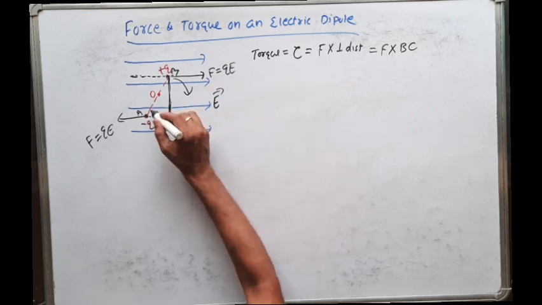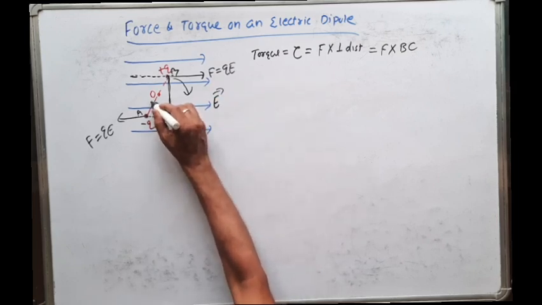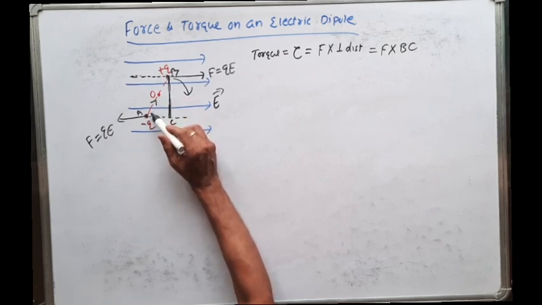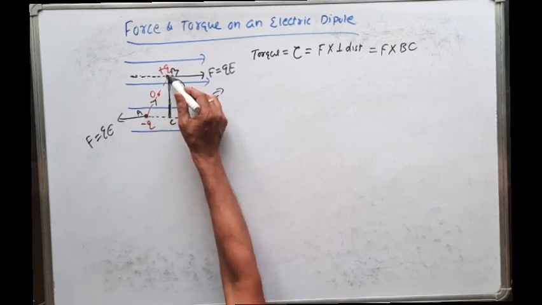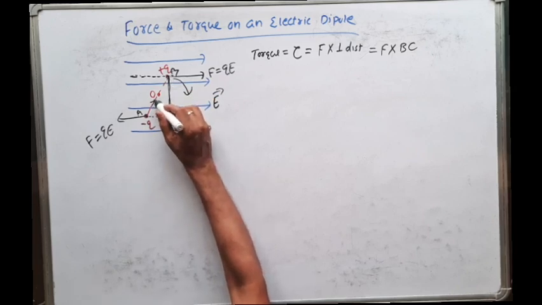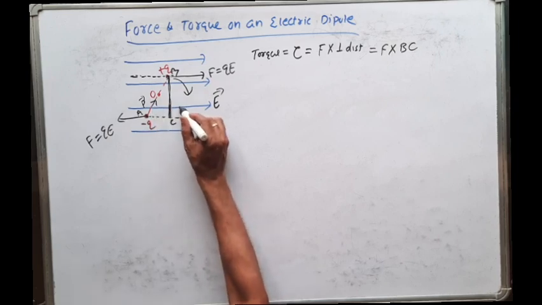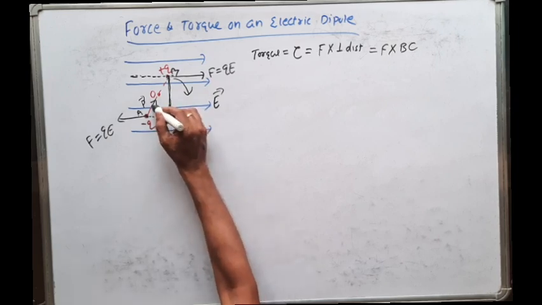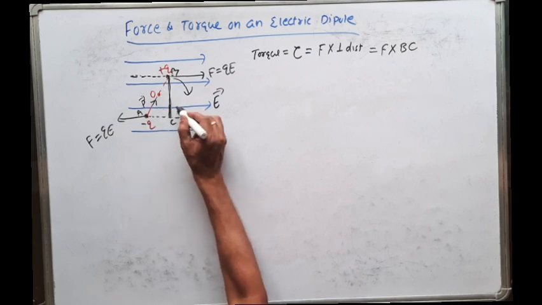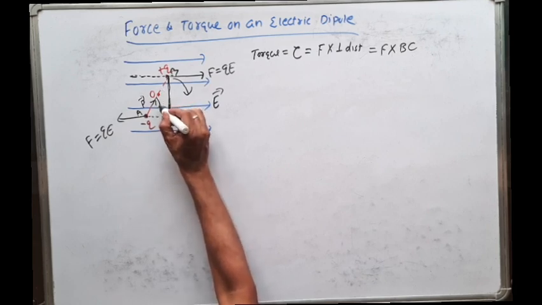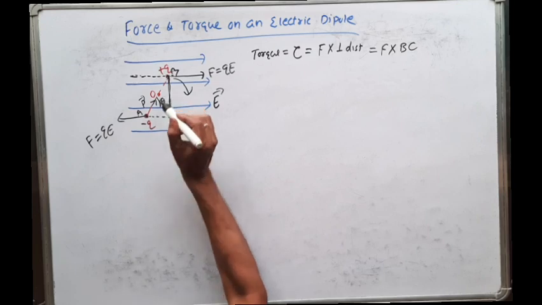And what is the value of BC? Now see, what is the direction of the dipole moment? Minus q to plus q. So this is the direction of the dipole moment, and this is the direction of the electric field. So this is the dipole moment vector, this is the electric field vector. The angle between these two vectors is, say, theta.